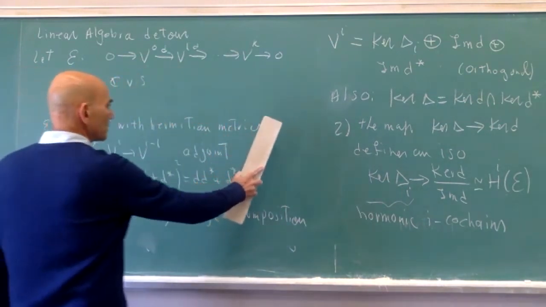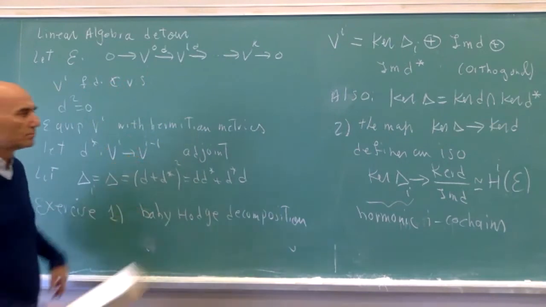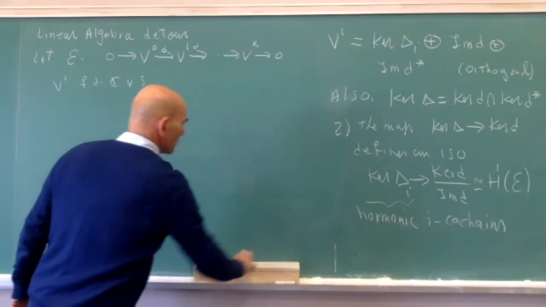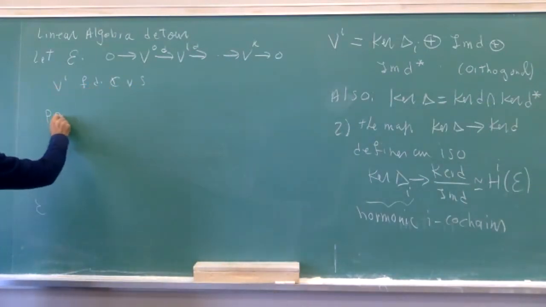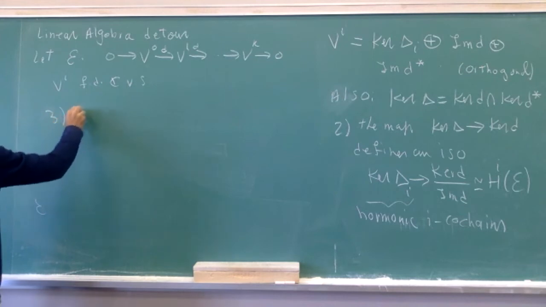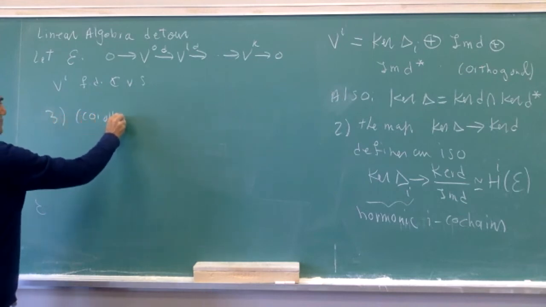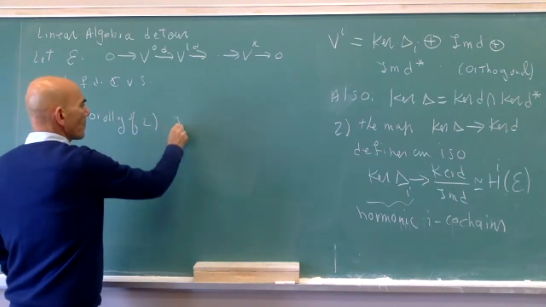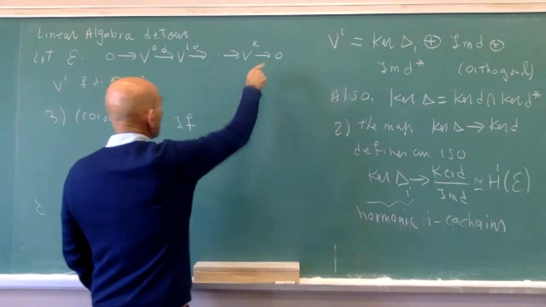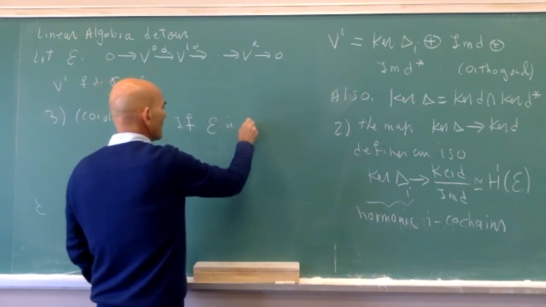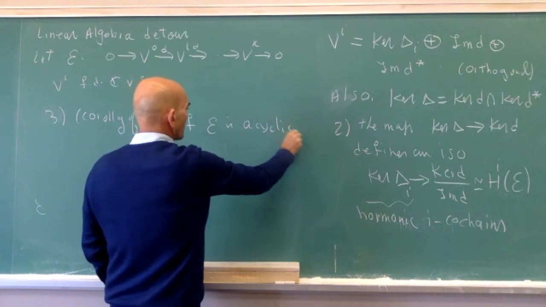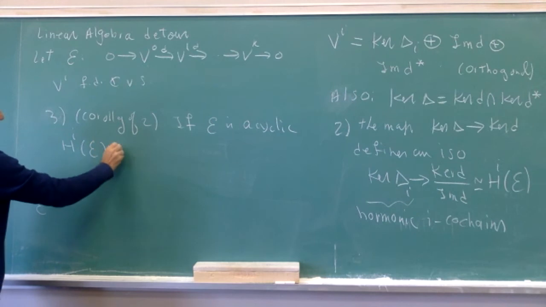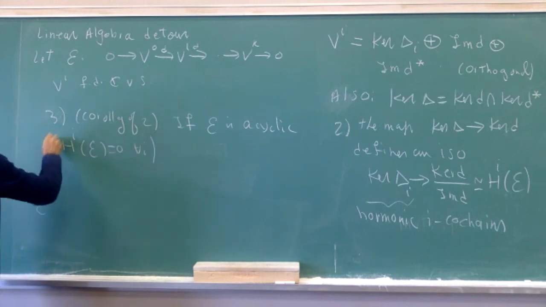So let me write it here. So can I erase this part? So the third part of this statement is really a corollary of 2: if E is acyclic or exact, which just means that H^i of E is equal to 0 for all i, right?